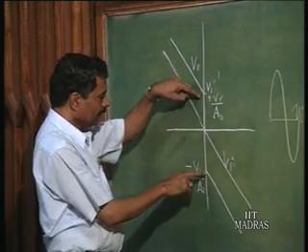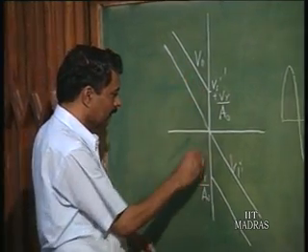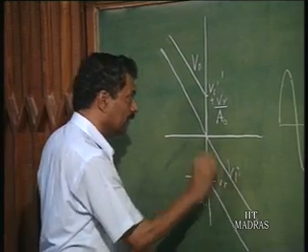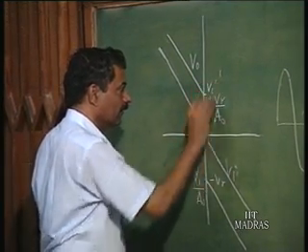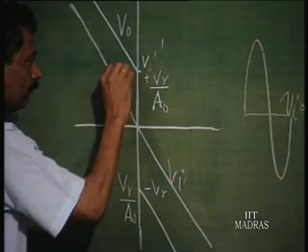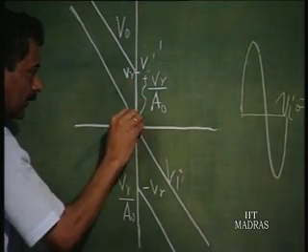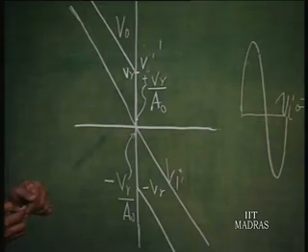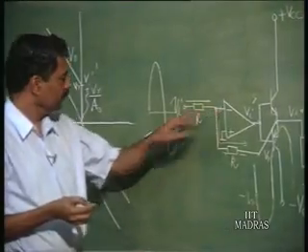So, as you see, just let me say this is V gamma, this is minus V gamma, this is plus V gamma, and these points will be respectively reduced by V gamma by A at this point.